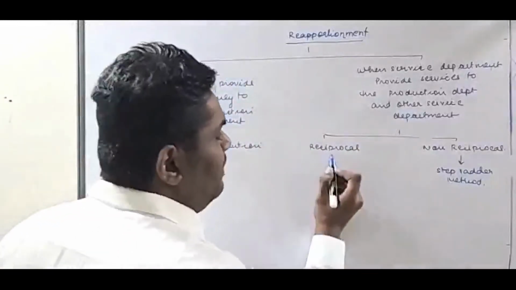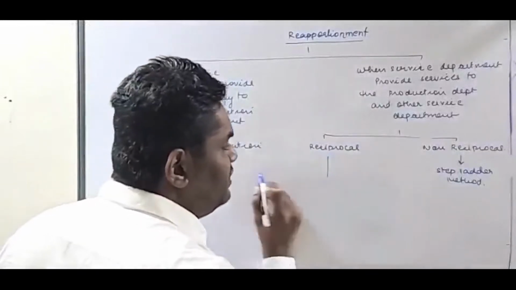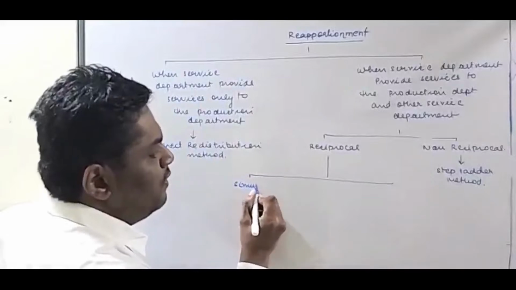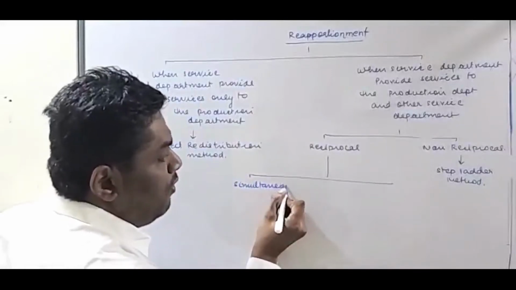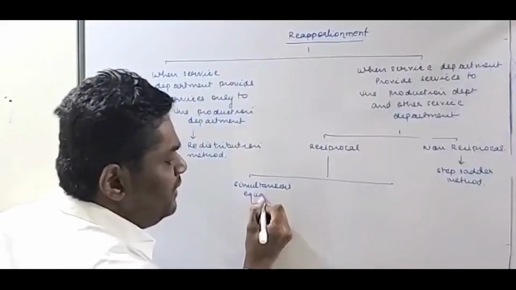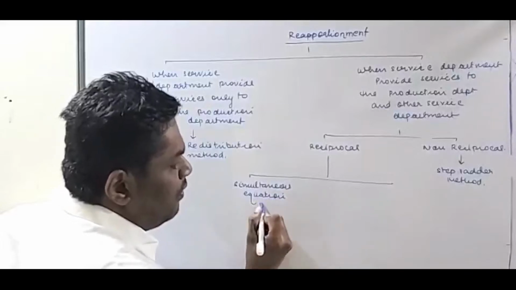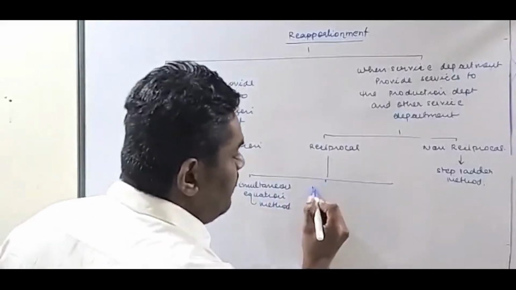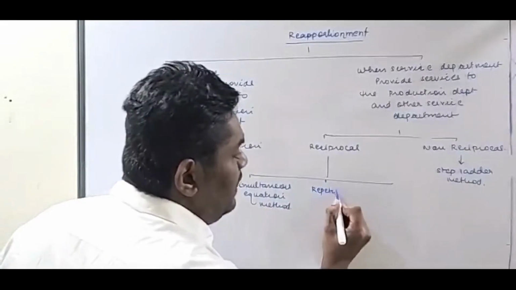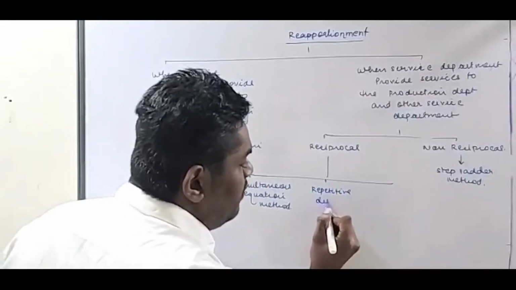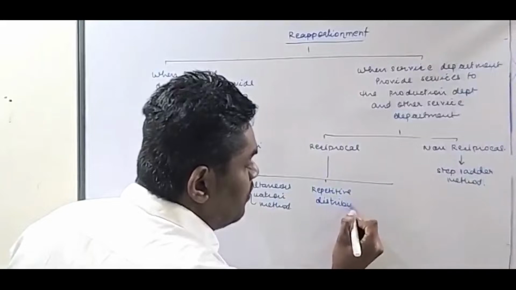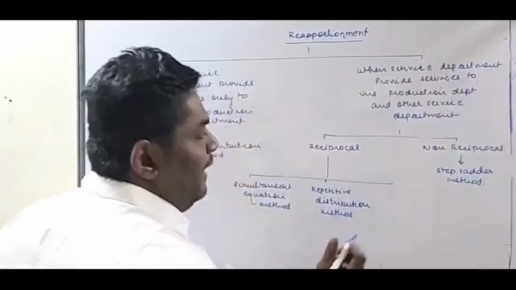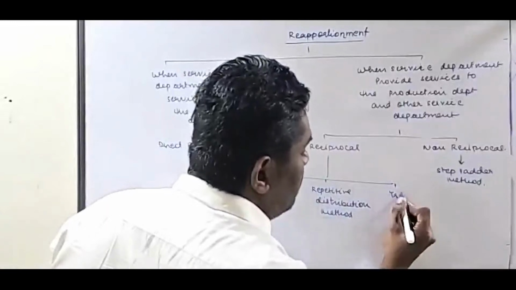And when talking about reciprocal, again there are three methods, wherein the first one is the simultaneous equation method, then the repetitive distribution method, and the trial and error method.